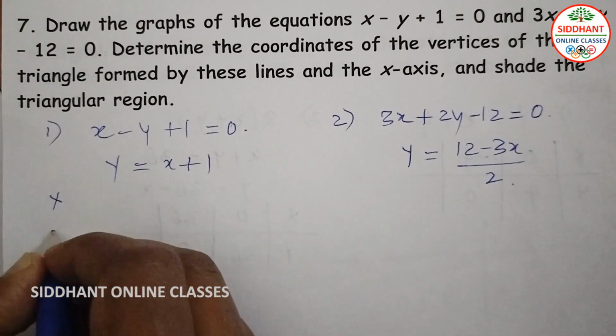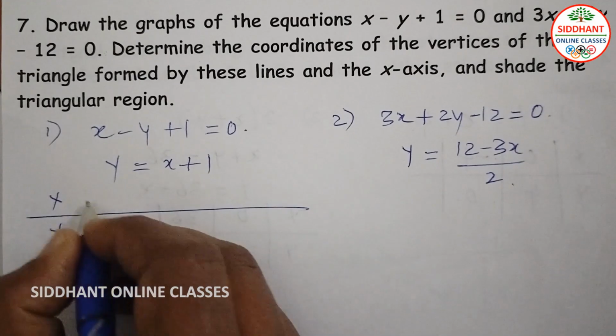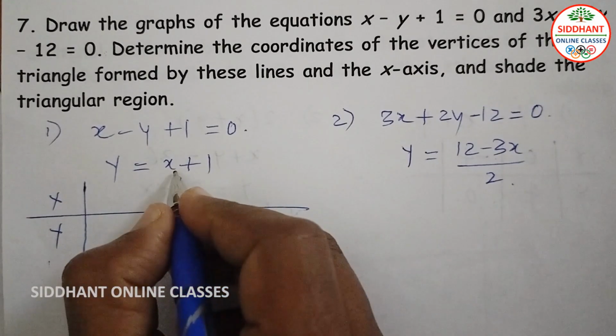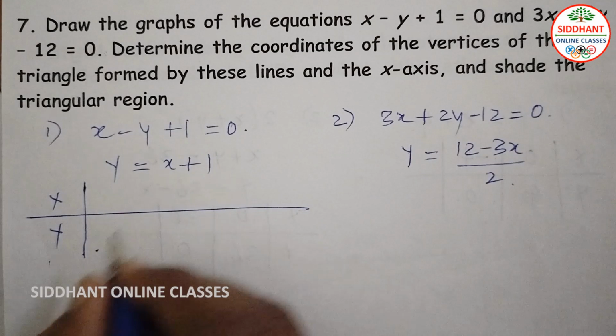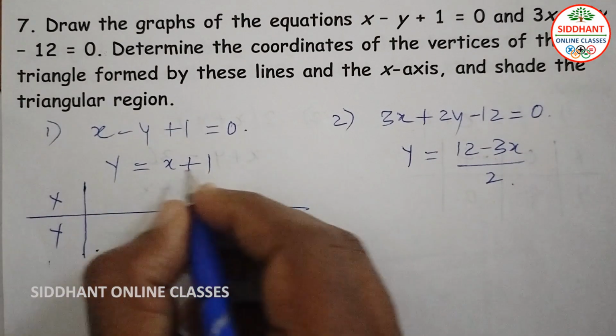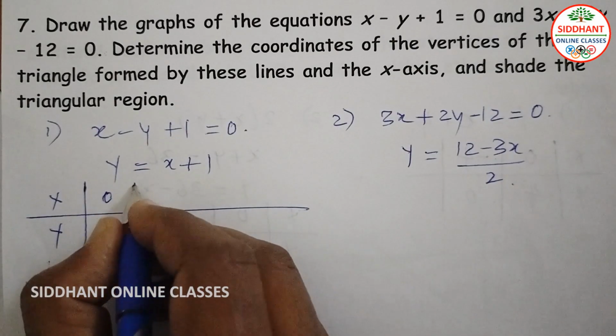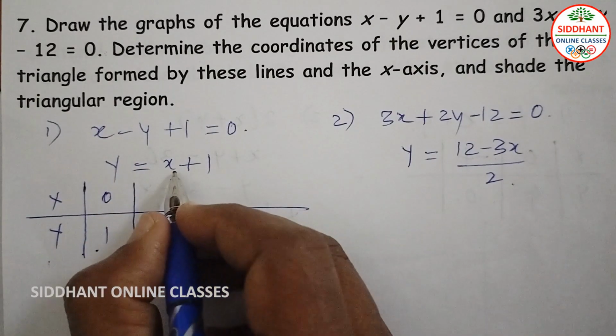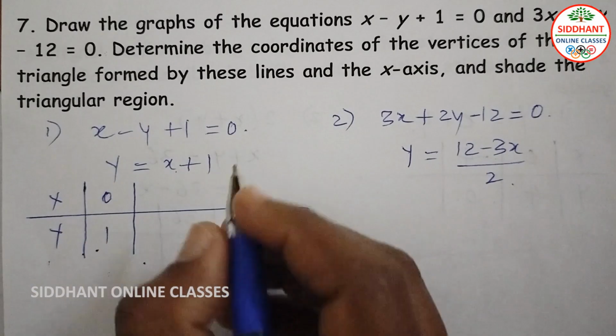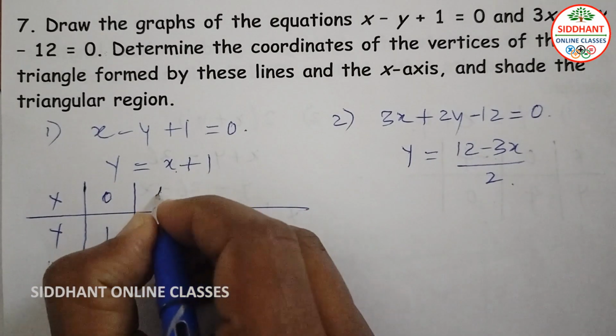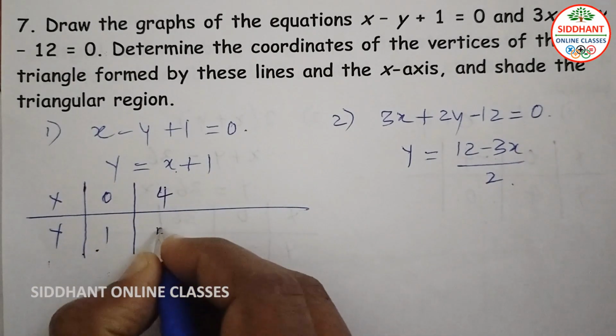When x is 0, y is 1, so 0 plus 1, 1. So the point is 0, 1. When x is 4, then y will be 4 plus 1, 5. So 4, 5.